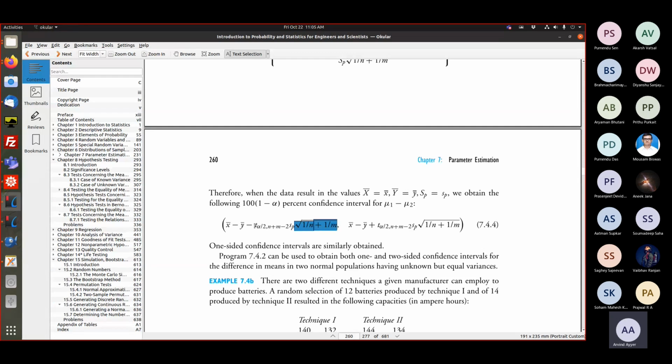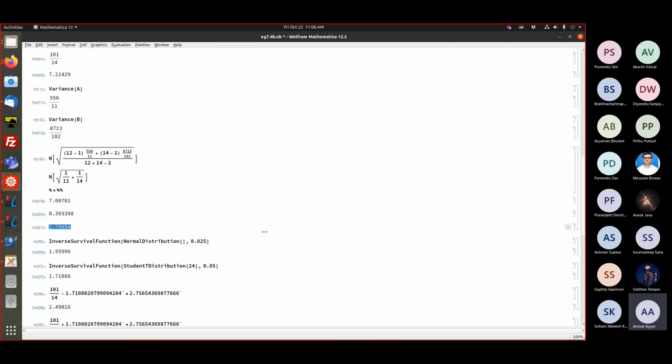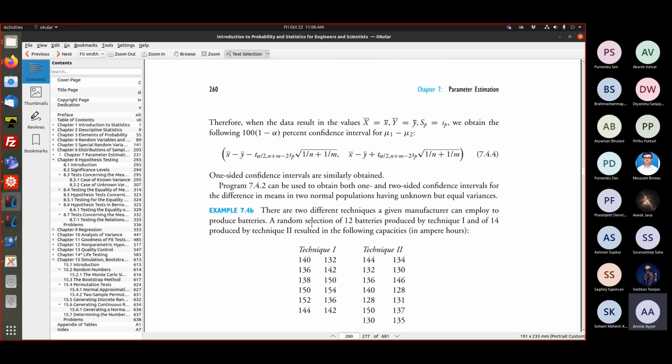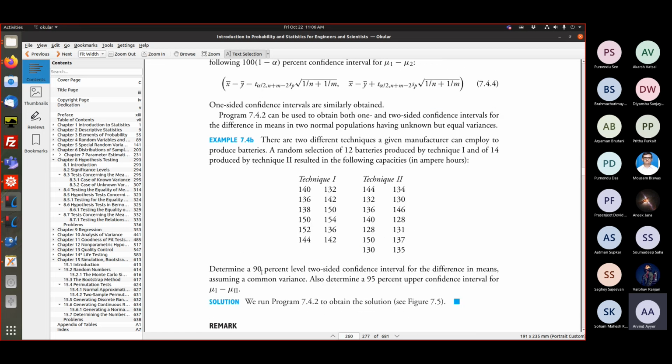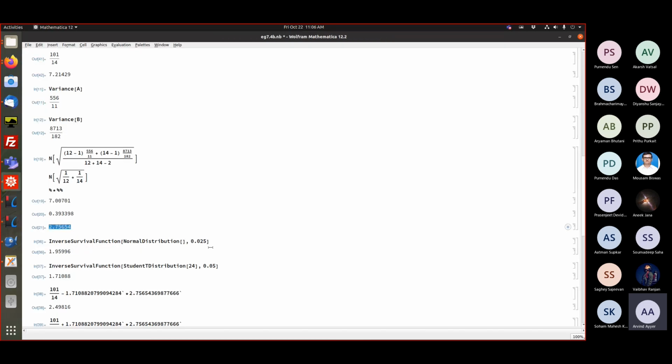Now I want to get this number out: the value at which this t distribution with n plus m minus 2, which is 24 degrees of freedom, is greater than alpha by 2. For this problem we want 90%, so alpha is 0.1 and alpha by 2 is 0.05.